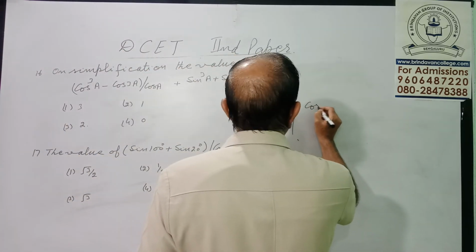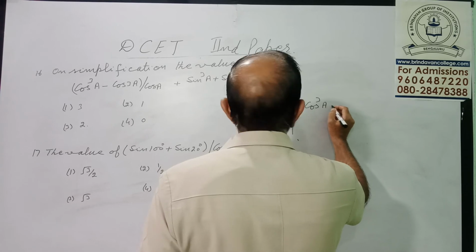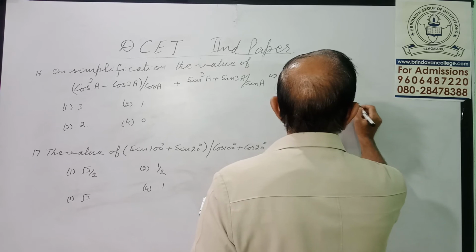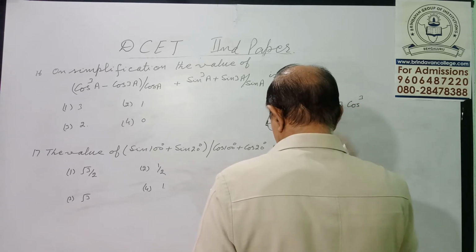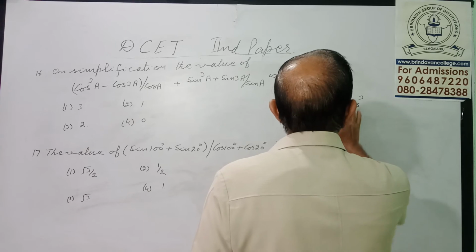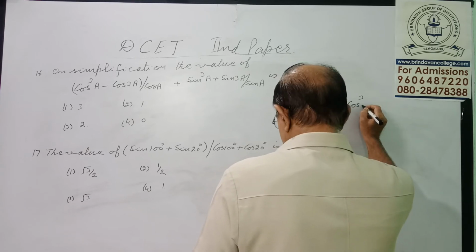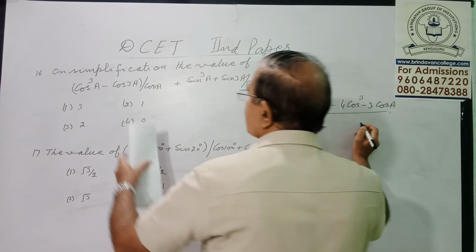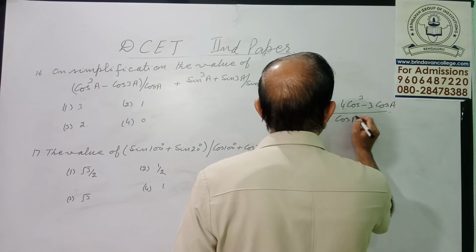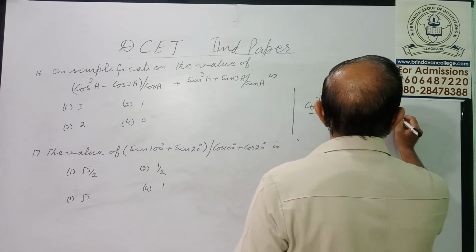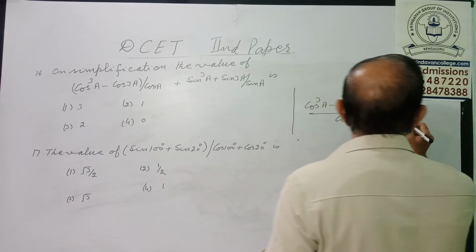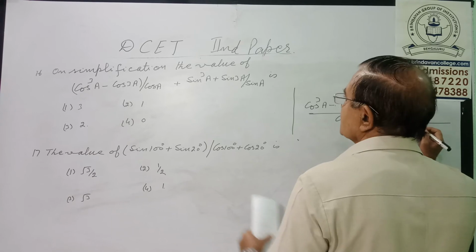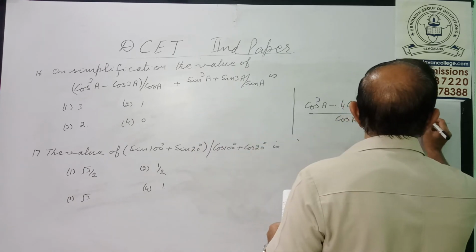So we will get cos cube A minus cos 3A, which is 4 cos cube A minus 3 cos A, over cos A. Then plus sin cube A plus sin 3A.